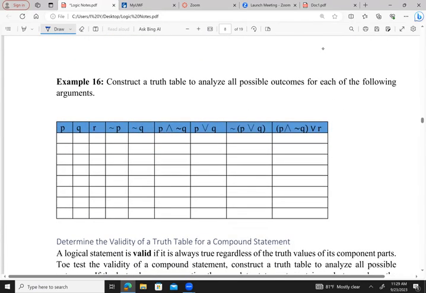Okay, so construct a truth table to analyze all the possible outcomes for each of the following arguments. And the first one is P and not Q. Let's go to this.